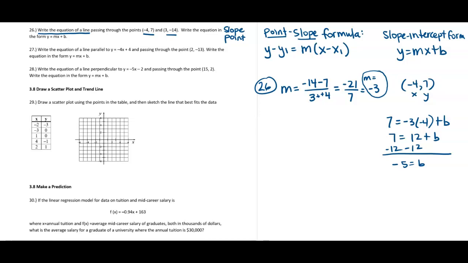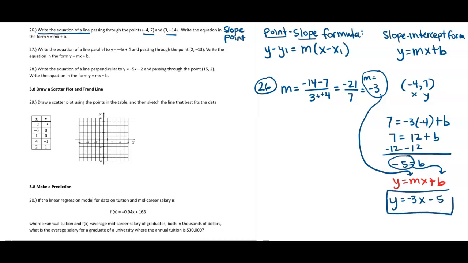So I've got to go back to this y equals mx plus b and put in what I know here. In place of my b, I'm going to put my negative 5, and in place of my m, I'll put the negative 3. So my answer would be y equals negative 3x minus 5. So this is doing the slope-intercept form.